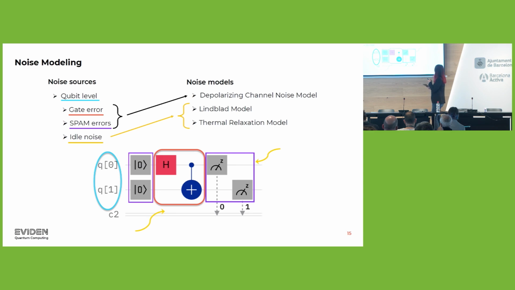These 2 noise models, Lindblad and thermal relaxation, are similar noise modeling, so we have chosen the Lindblad model for Qaptiva and the thermal relaxation model for Qiskit in our comparison.